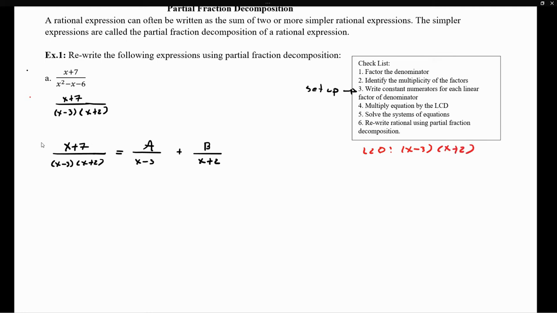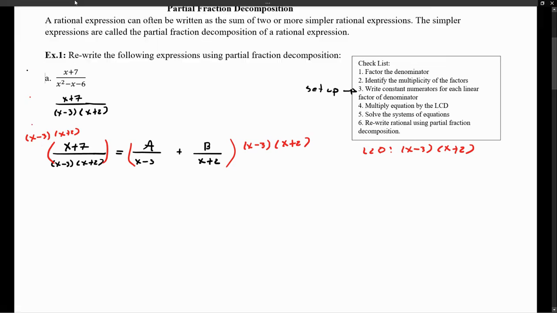And let's just multiply the LCD to the left and the right. So if we multiply the LCD, we're going to get x minus 3 times x plus 2. And notice that that's multiplying the whole left-hand side. And we're going to do the same for the right-hand side. We're going to multiply by x minus 3 times x plus 2.